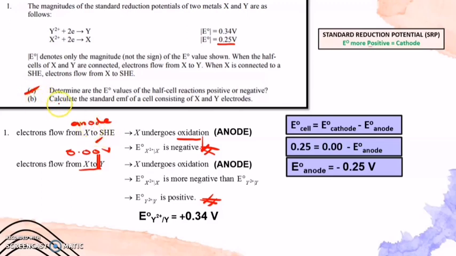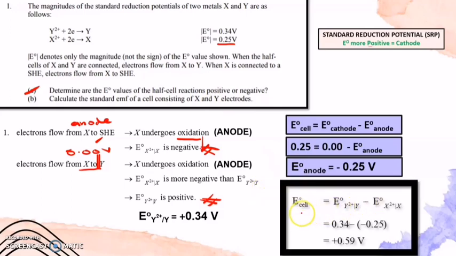Let's move to the next question. Calculate the standard EMF of a cell consisting of X and Y electrodes. By using the same formula, E naught cell equals E naught cathode minus E naught anode, and we already know that Y is the cathode and X is the anode, we just substitute the values, and we will have E naught cell equal to positive 0.59 volt.